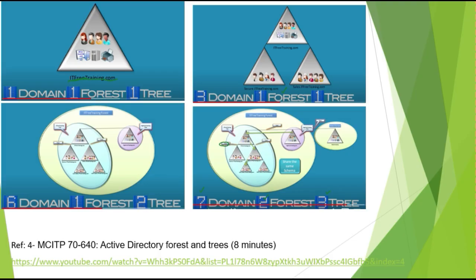Or if you grow even bigger, we might have the example that we have just now, which is 1 forest, 2 trees, and 6 domains. And if we want to scale to an even bigger expansion, maybe we have 2 forests and 3 trees within the 2 forests, and also 7 domains. So there are variations of how we want to configure the Active Directory schema.